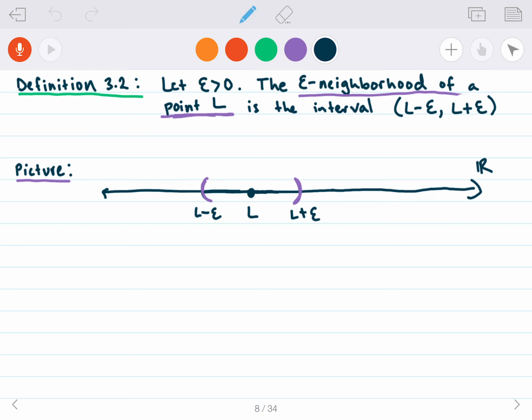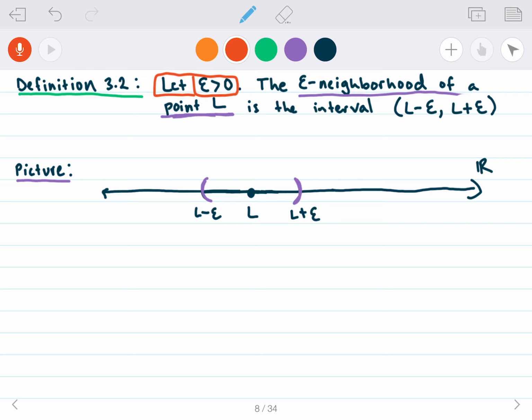Okay. So the next definition I want to talk about is an epsilon neighborhood. You should honestly get this tattooed on you. Just kidding, but I'm going to say it pretty much from here on out until the end of the course, like a bunch. So let epsilon be greater than 0.